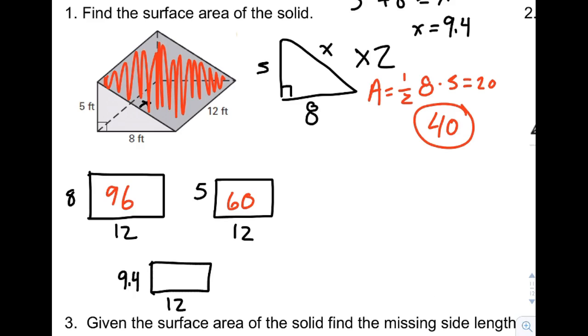And 9.4 times 12 is 112.8. So we'll add all those together, for a total surface area of 308.8 square feet.